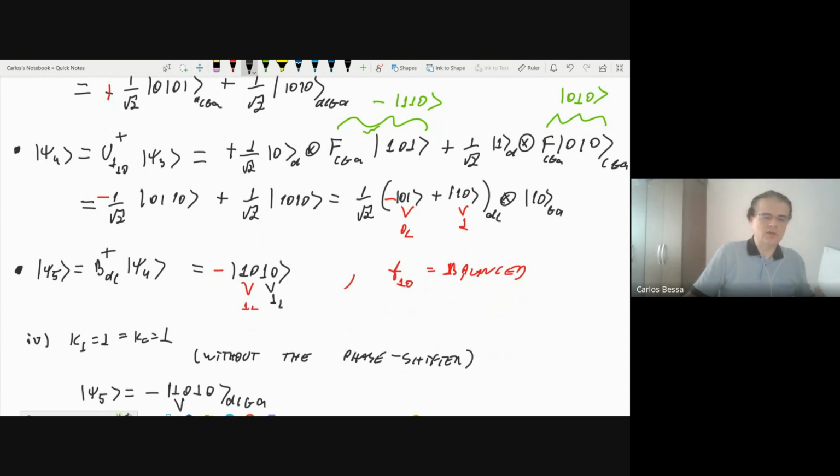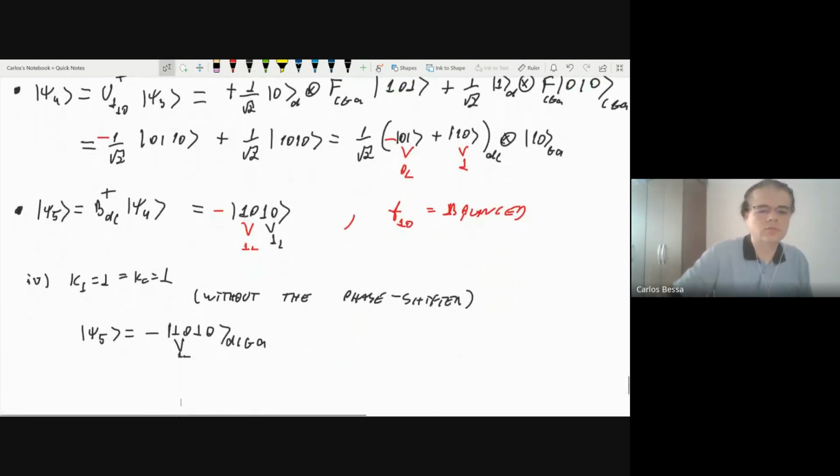And again, this is the logical one. Okay, and the function f11 is balanced.